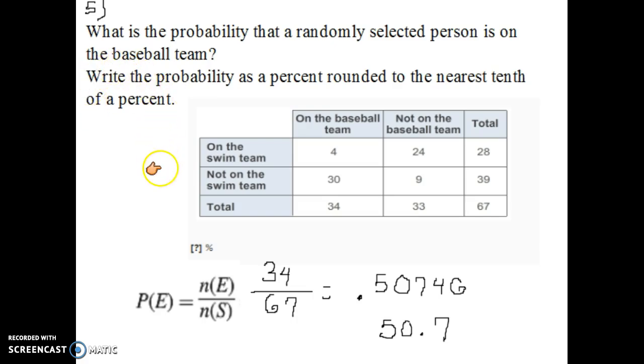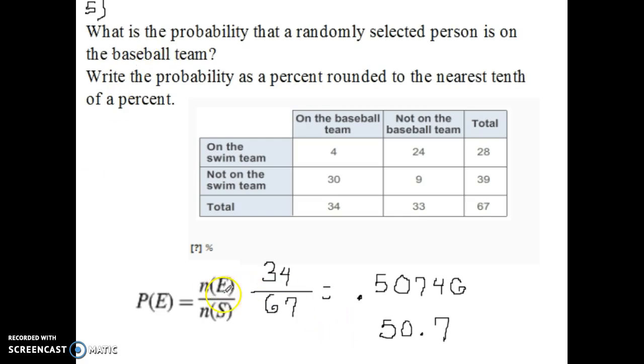And our last one is very similar. We've got students that are on the baseball team or not on the baseball team, on the swim team, not on the swim team. There are a total of 67 that we're looking at. So what's the probability that a randomly selected person is on the baseball team?